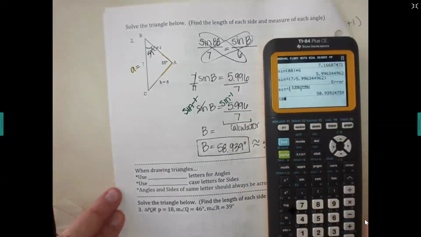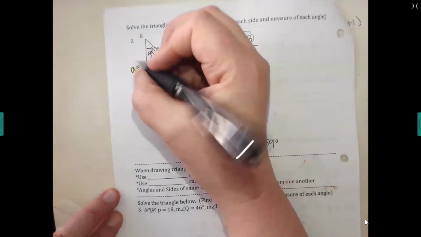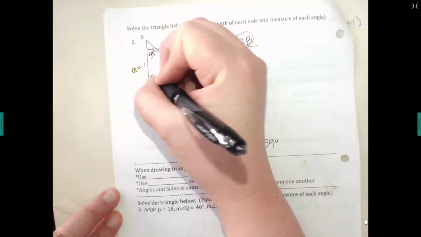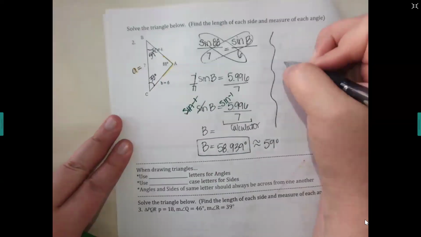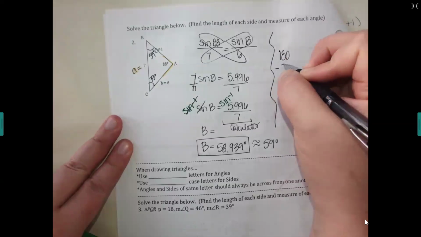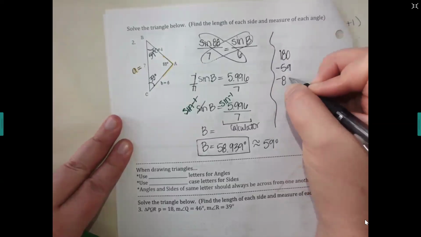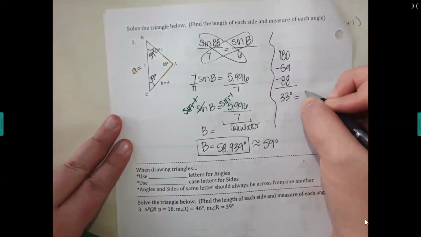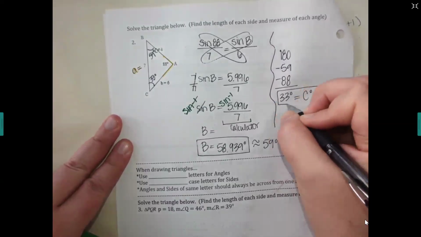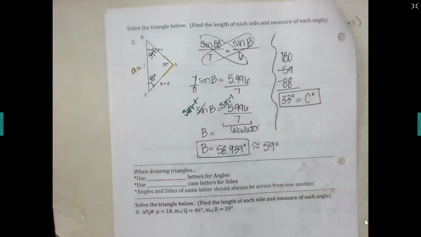So I'm going to do 180 minus 59 and 88. 33 degrees is left over for the corner. And then remember, when you're solving, you should have all three sides, all three angles.